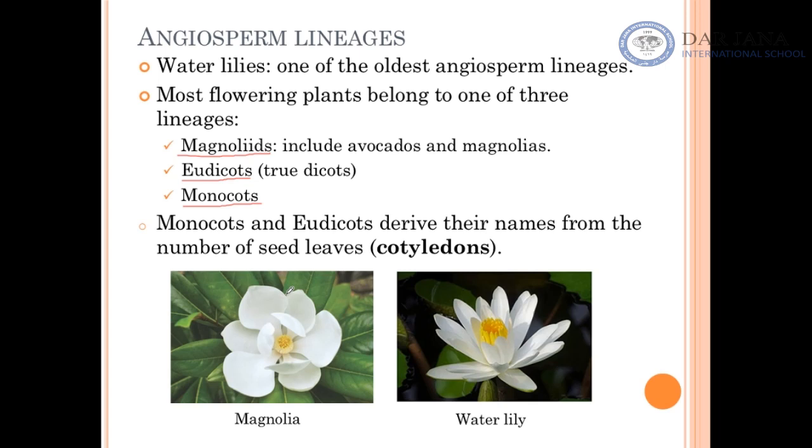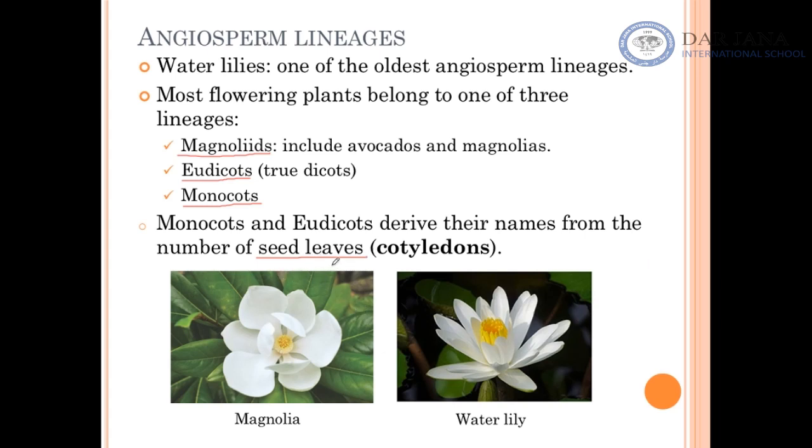Monocots and eudicots derive their names from the number of seed leaves. When the seed is germinating, an embryonic leaf shows up. So the number of these leaves determines if the plant is a monocot or eudicot.